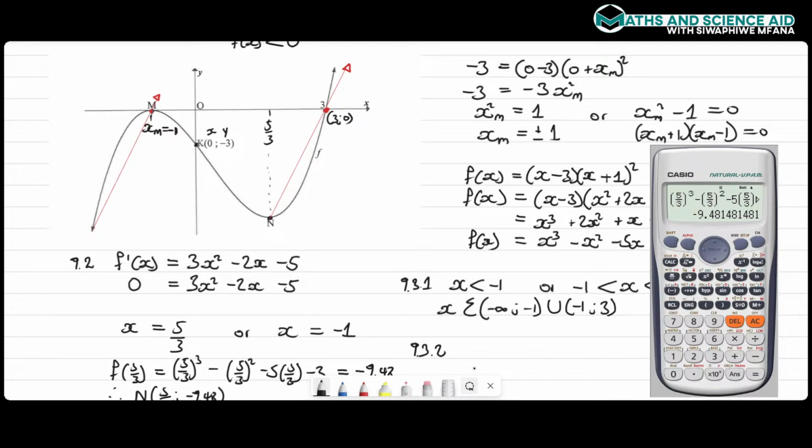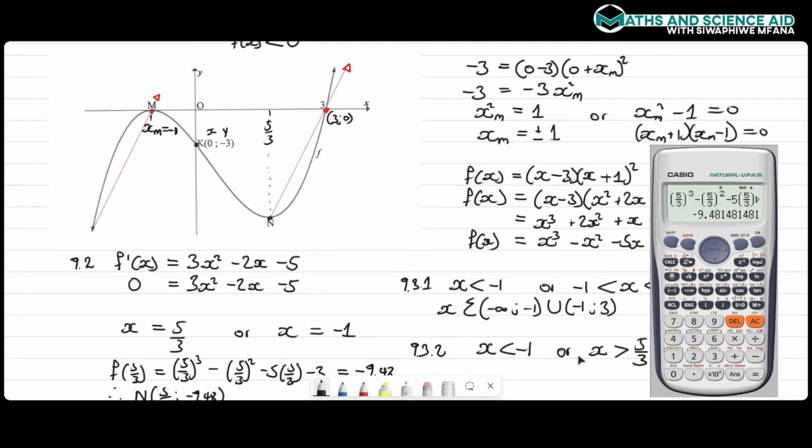9.3.2, the solution here will be x must be less than -1 firstly. Again, as you can see on the left-hand side of point M, if the values of x are less than the x value of point M, then the function is increasing. And then it also increases when x is greater than what? Than the x value of the turning point N. So x must be greater than 5/3.